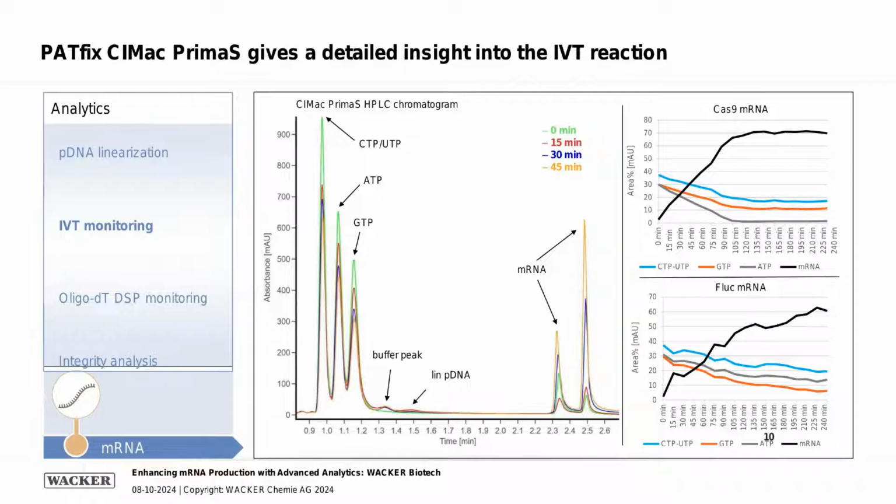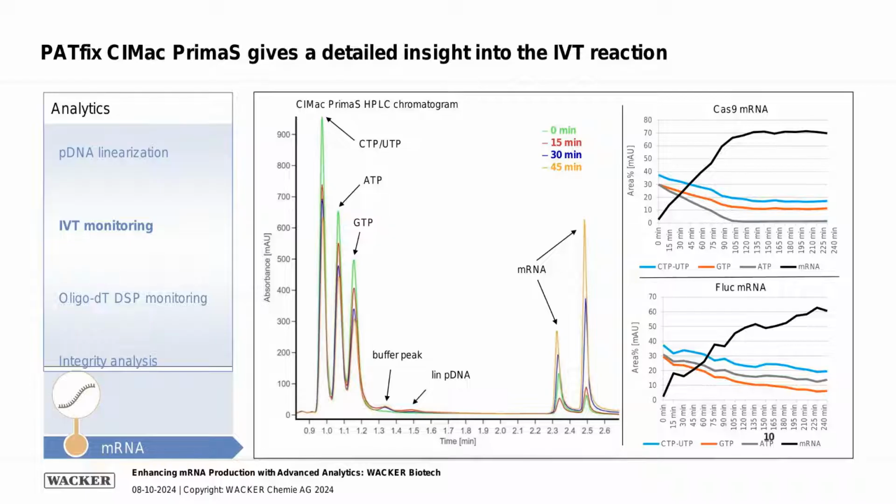We use the CMAC Prima S HPLC method to analyze our IBT reactions. On the left side, you see an overlay of Prima S chromatograms, where we took a sample from an IBT reaction every 15 minutes.